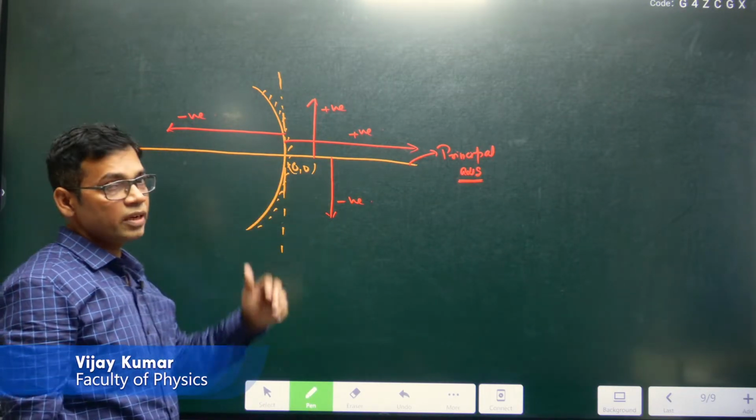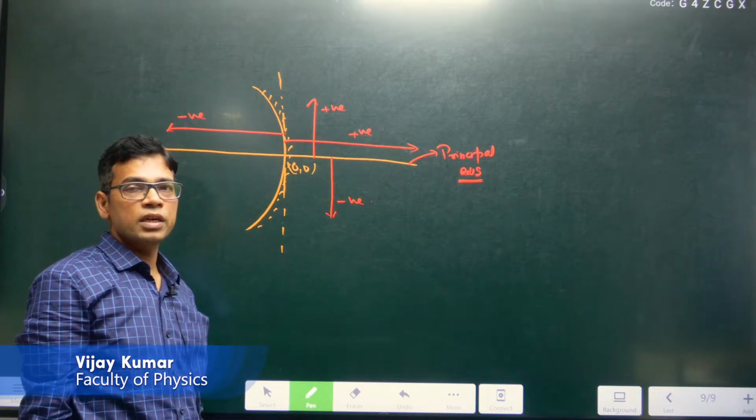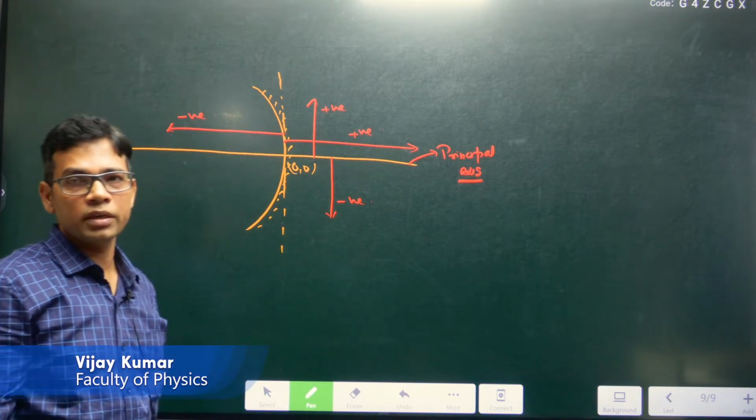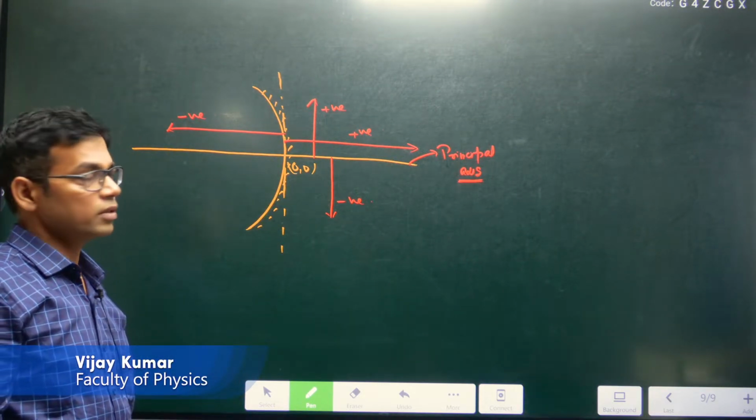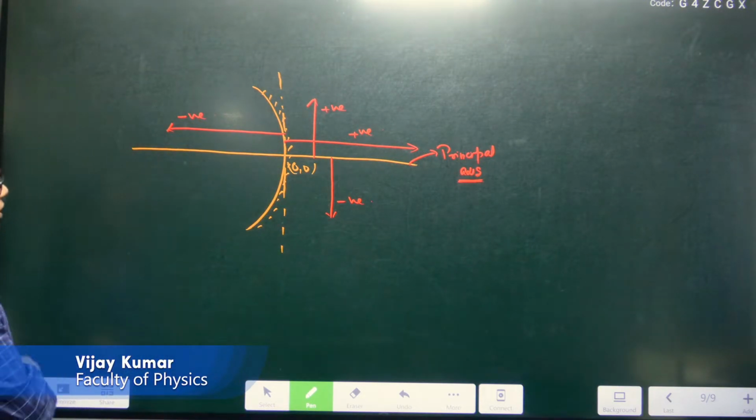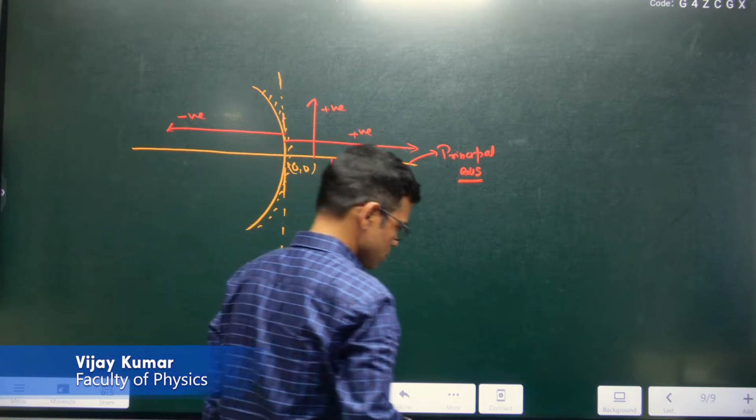So this is your brief about the sign convention for all types of mirrors, the concave mirror or the convex mirror. So let's come to the problem.